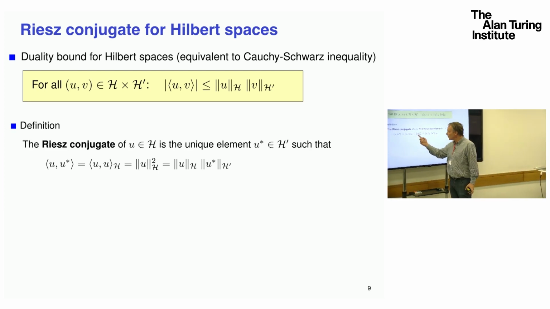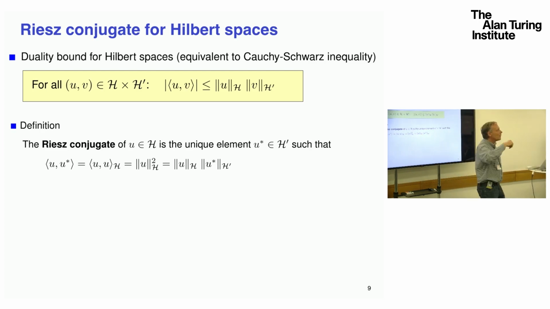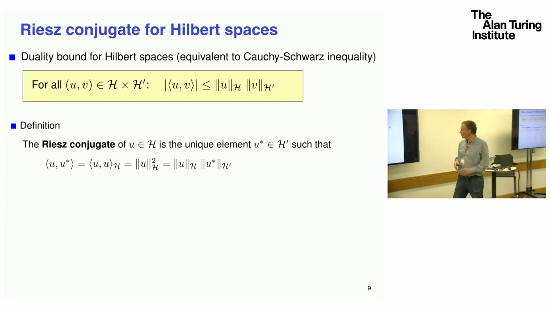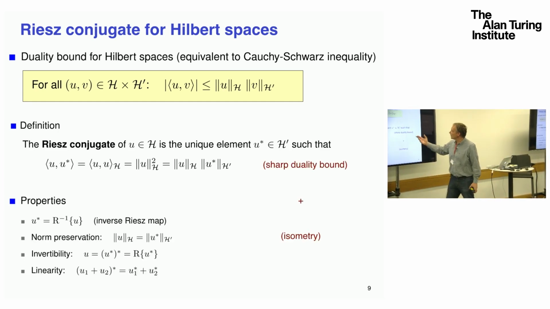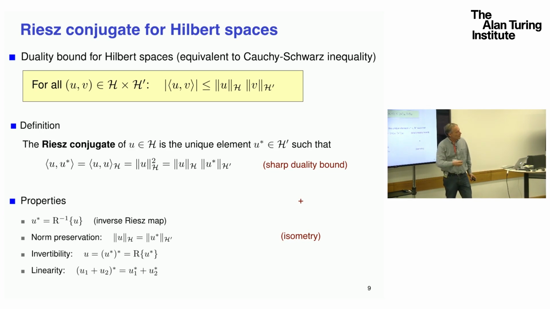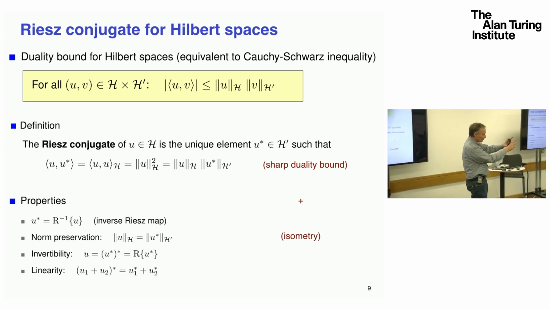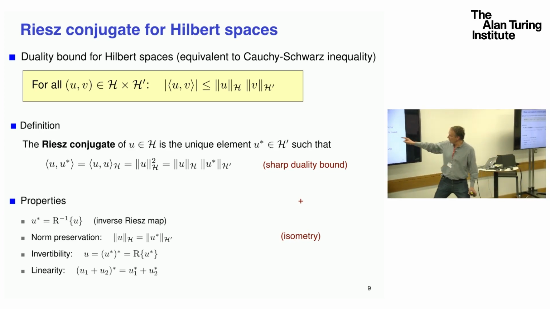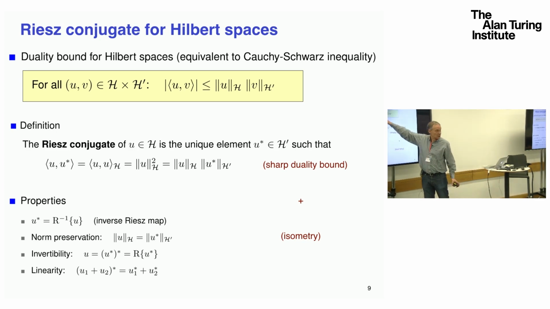And so by definition it's the square norm. And if you use this inequality mapping, in this case it also gives you the product of the norm of U in H and the norm of the Riesz conjugate in H prime. What's important here is that when you apply the Riesz conjugate in the duality pairing, you're in the condition where you're sharp.